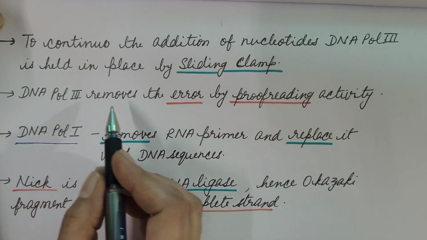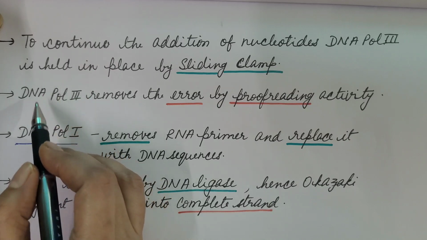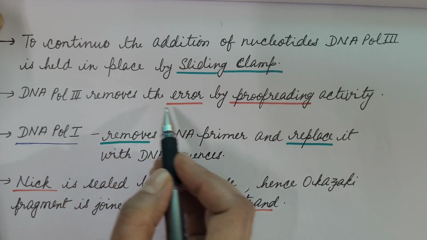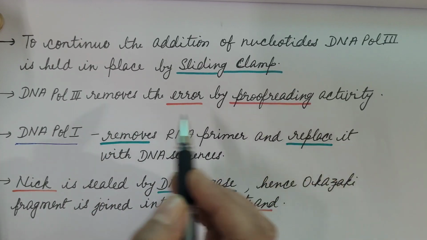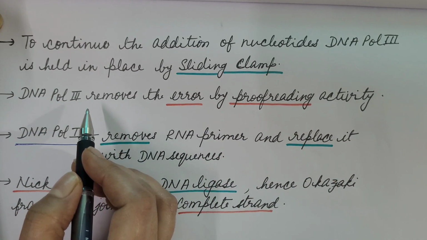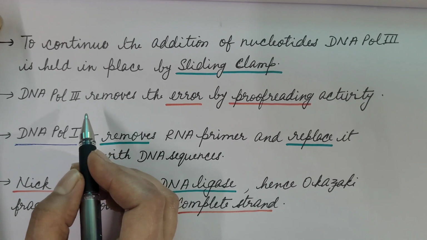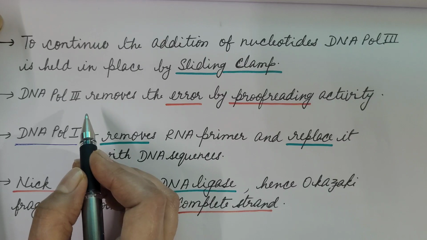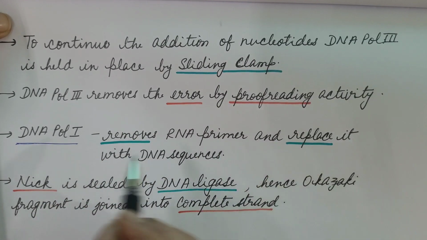Also, if any wrong nucleotide base is incorporated by DNA polymerase III, then this error is removed by the proofreading activity of DNA polymerase III. This proofreading we have also already discussed in the general features of DNA polymerase video. You can refer to it. The link is given in the description box.